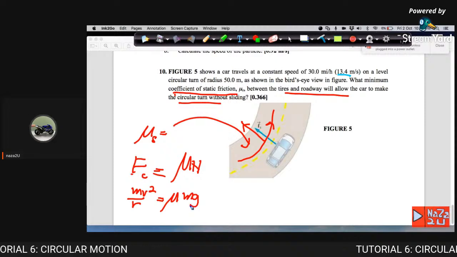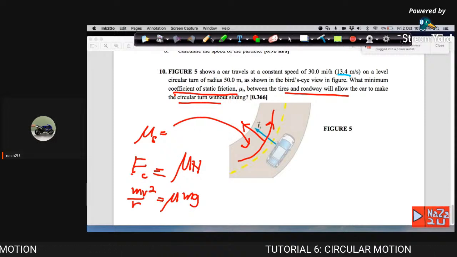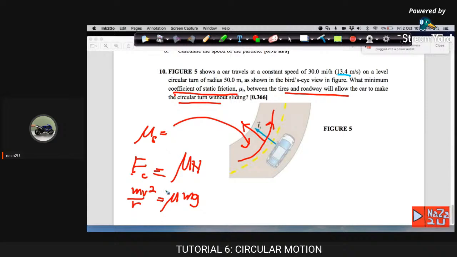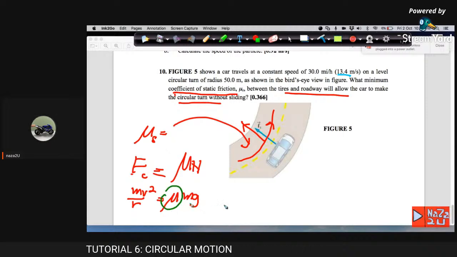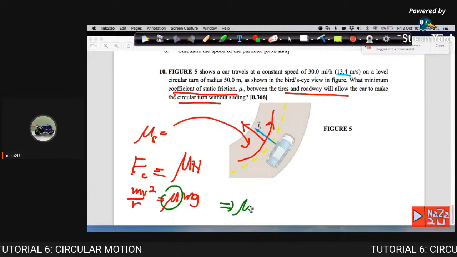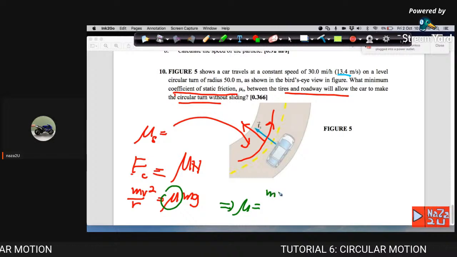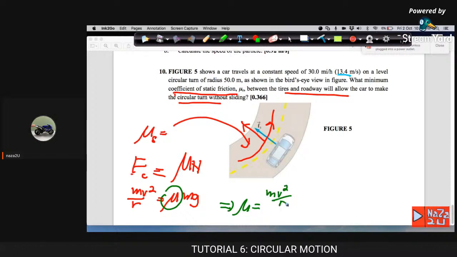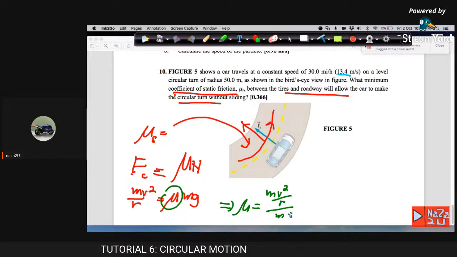So now to calculate the mu here, you can use the equation: mu is equal to mv square divided by R divided by mg.